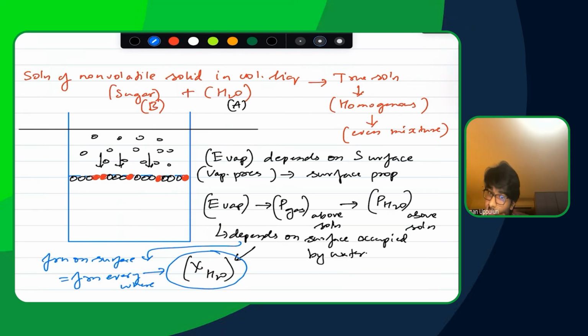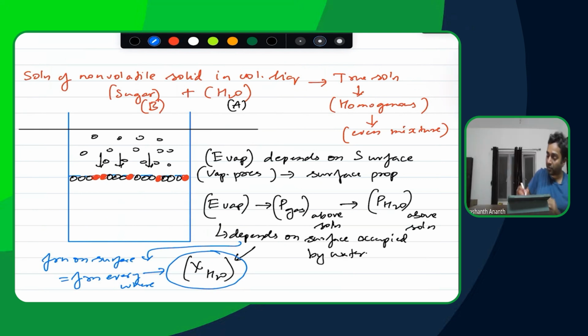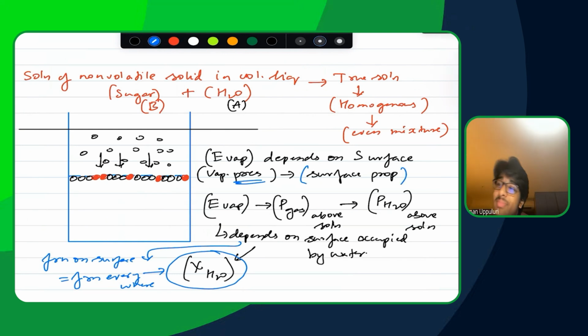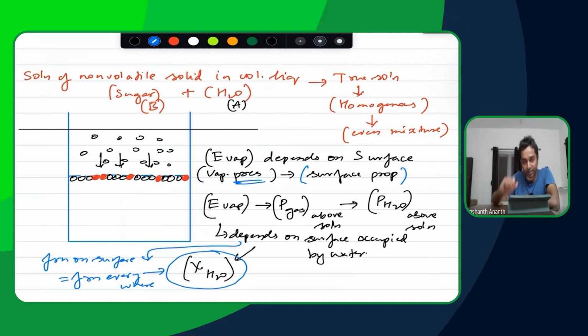But my vapor pressure is going to be on the entire surface. So my evaporation actually decreases now, but my condensation does not change much. So you'll have a little bit reduced vapor pressure in this particular case when you're having a non-volatile solute in a particular mixture present over here.